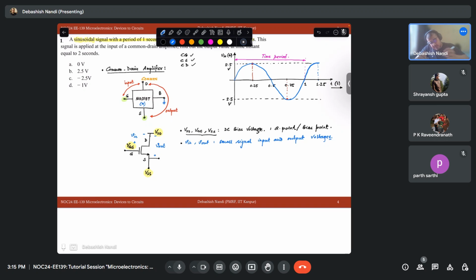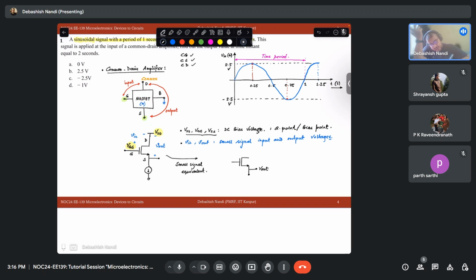Now the question is, how does this small signal equivalent look like? How do you draw the small signal equivalent? Here you are probing your output, and ideally what you connect at the source in this kind of scenario is a current source.